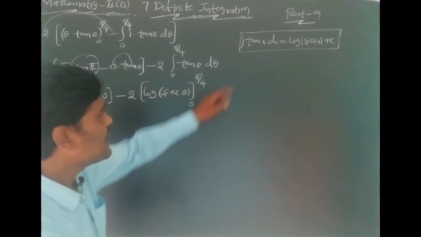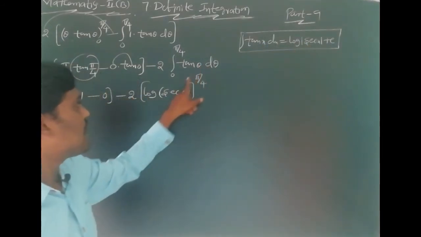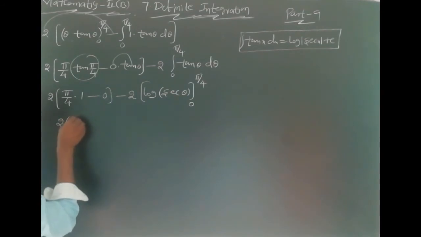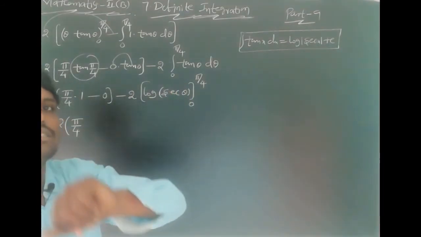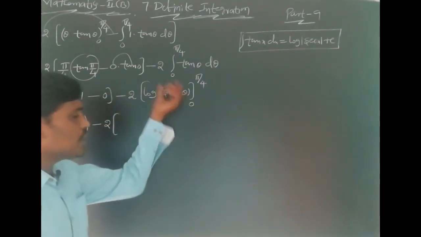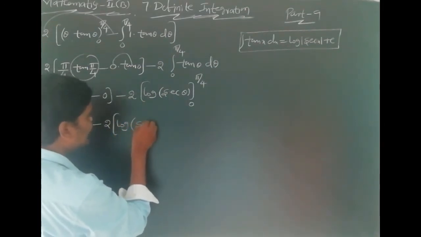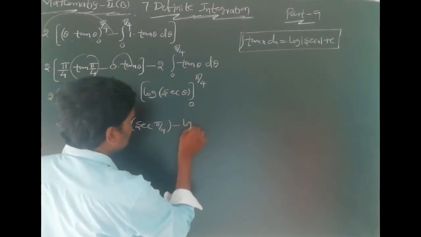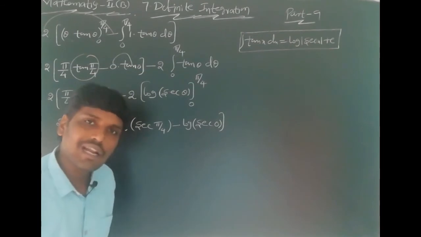Understood or not students? Here in place of x you can write theta. After that 2 into pi by 4 into 1, nothing but pi by 4. Pi by 4 minus 0 value also be pi by 4 minus 2 into, you can write here limit log of secant theta value is upper limit pi by 4 minus log of secant theta value is 0. Correct or not, students?